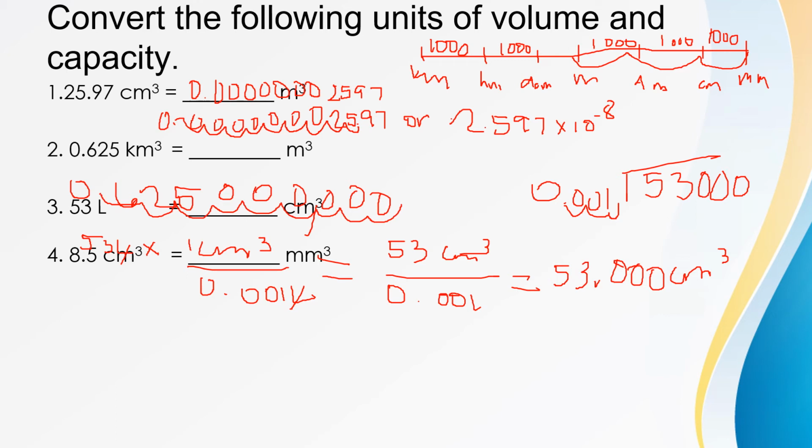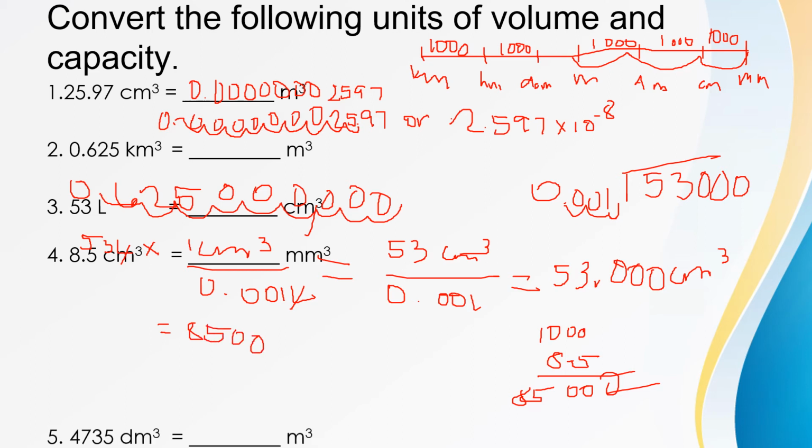Therefore, 8.5 times 1,000 or 1,000 times 8.5. O, baba nyo lang yung tatlong 0. Then 8.5. Count nyo ilan yung decimal. Tanggalin ito. The answer is, so anong sagot dyan? 8,500. Ganun lang naman kadali yan, basta 0 ang tinatrabaho mo.